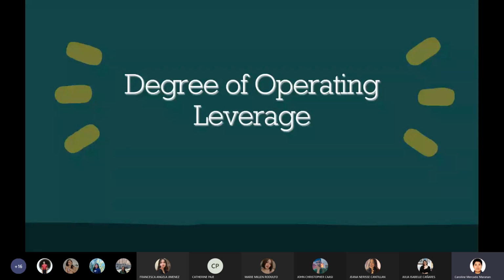So, pwedeng magbago yung DOL. It explains how it can be used to predict changes in net operating income. So dito sa topic na to, makikita nyo na pag merong certain percentage na nagbago sa sales, ano yung effect niya sa profit?